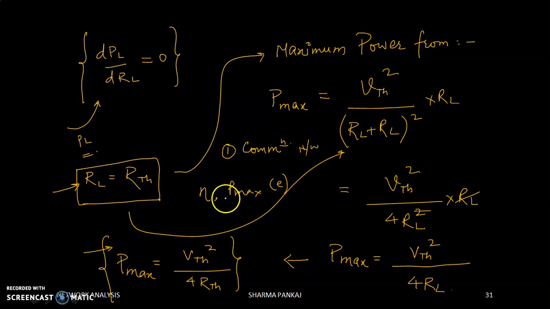In communication networks or various electronic circuits, P max is valued. So instead of going for efficiency, in those systems we prefer P maximum, and it is achieved by the maximum power transfer theorem. The overall efficiency of a network supplying maximum power to any branch is only 50%. Just keep in mind, the overall efficiency is only 50%.